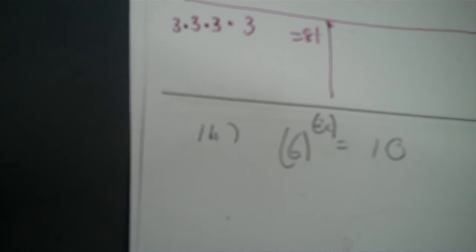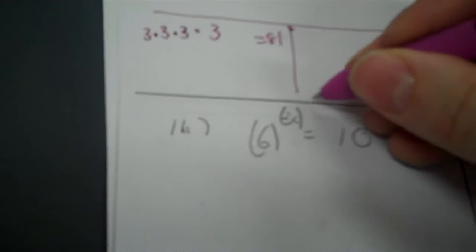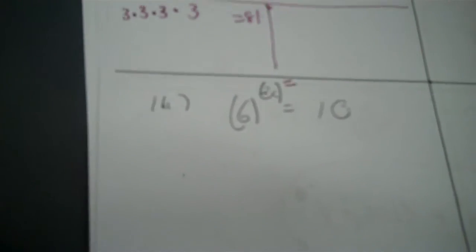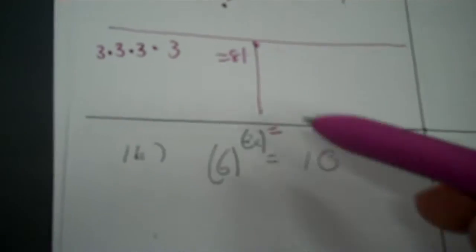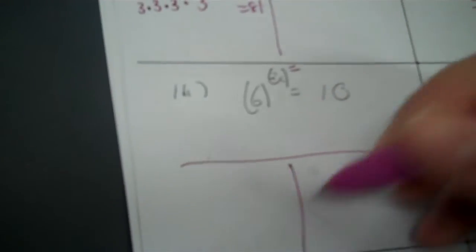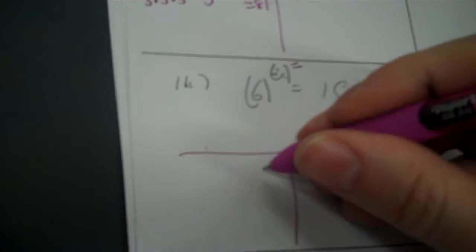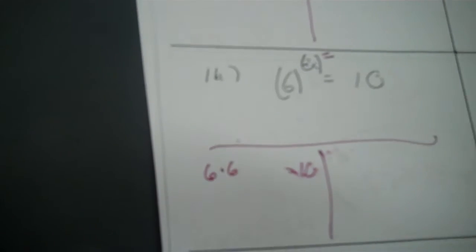Okay, then in the next problem we're solving for x. So now we got to find out what the power equals first. So 2x equals. I'll put a little equals there. And now you got to figure out how many 6's it takes to multiply to 10. That's 36, so I'm already over 10.